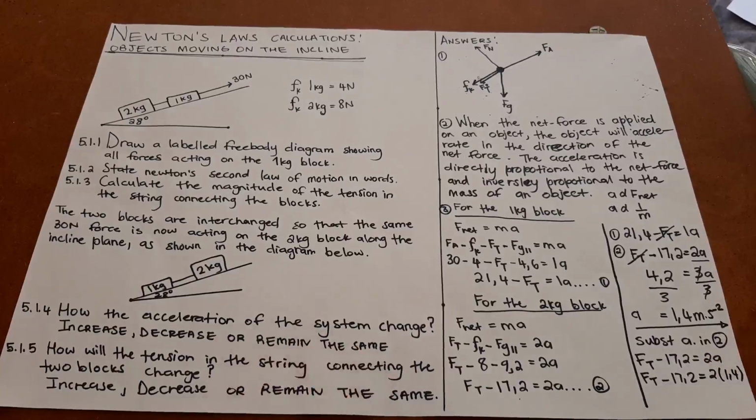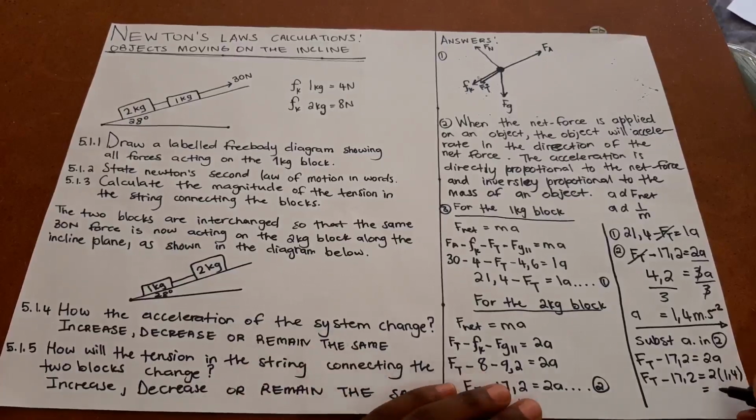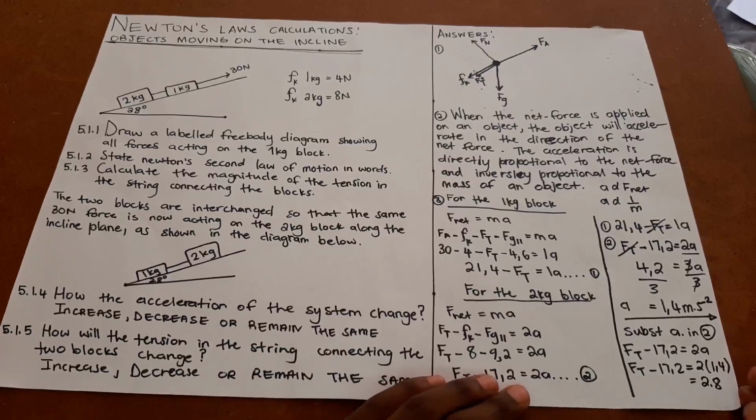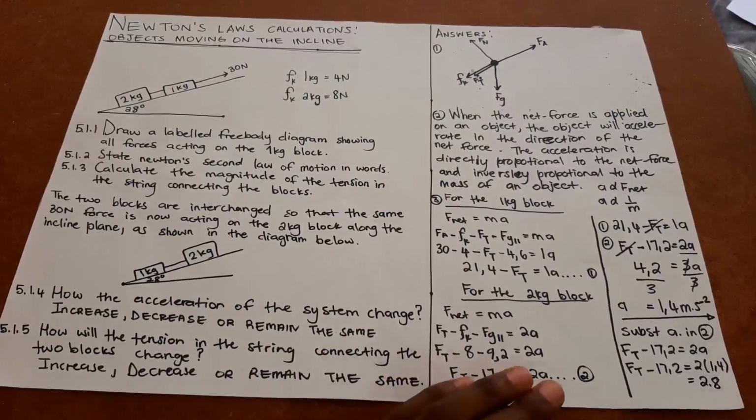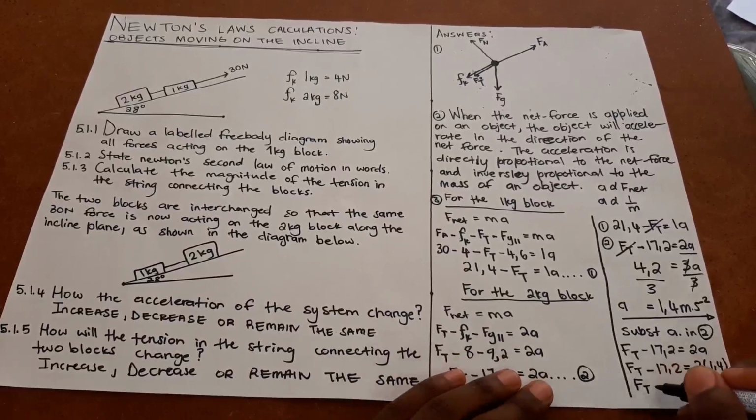Let's multiply 2 by 1.4, and that gives us 2,8. I hope you can see, guys. Yes, everyone can see. So this side we're left with Ft minus 17,2.